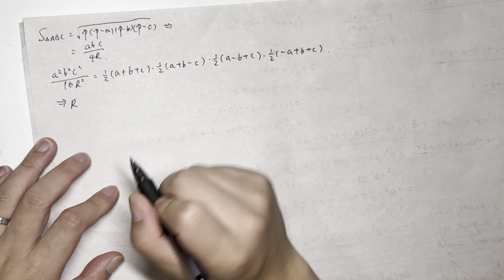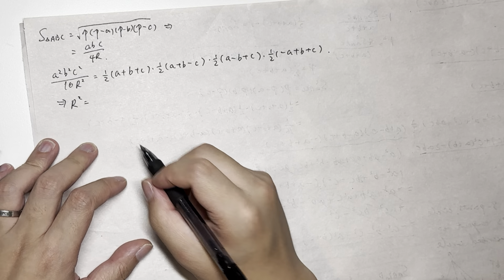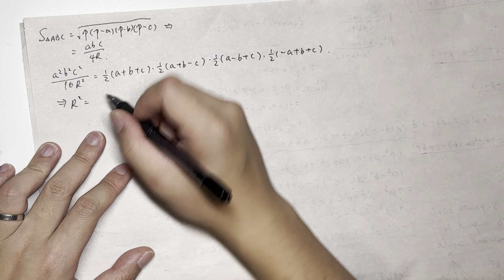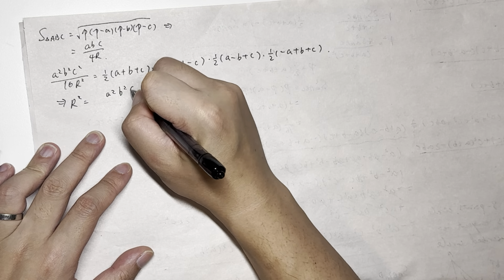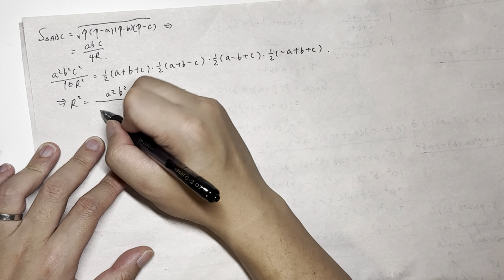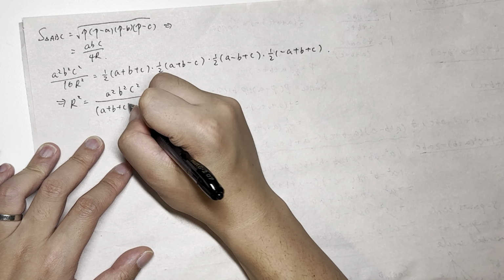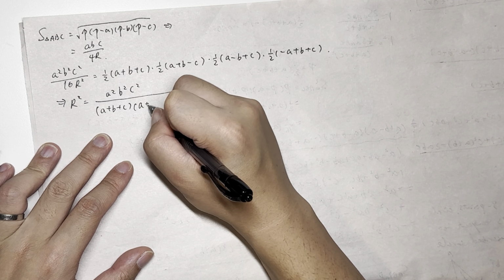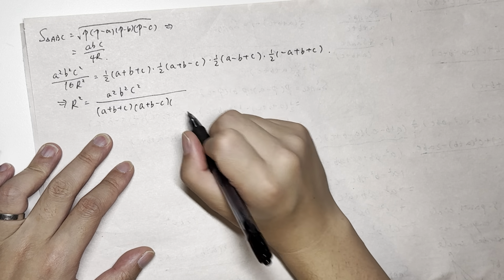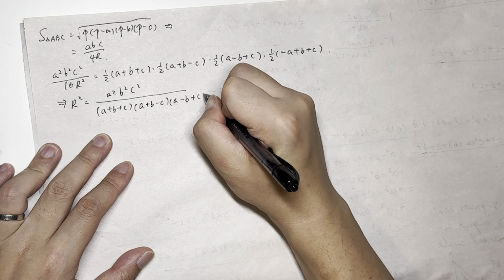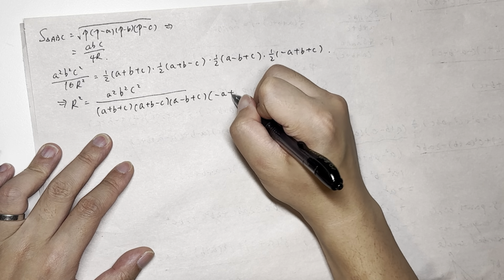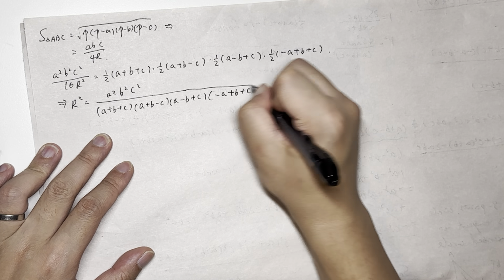Which means R squared equals A squared, B squared, C squared divided by A plus B plus C, A plus B minus C, A minus B plus C, and minus A plus B plus C, right?